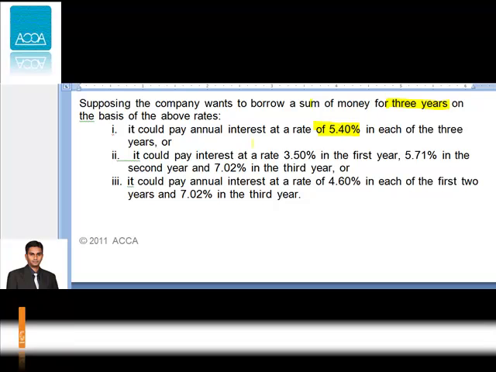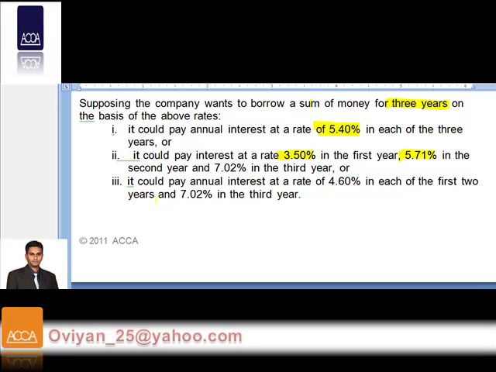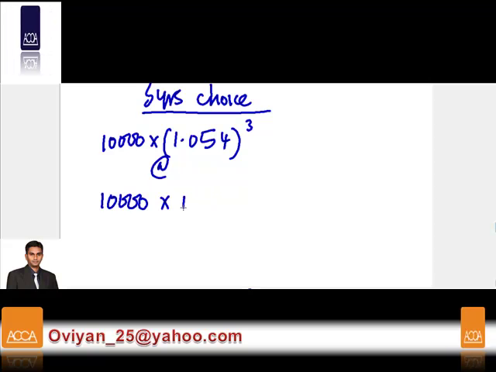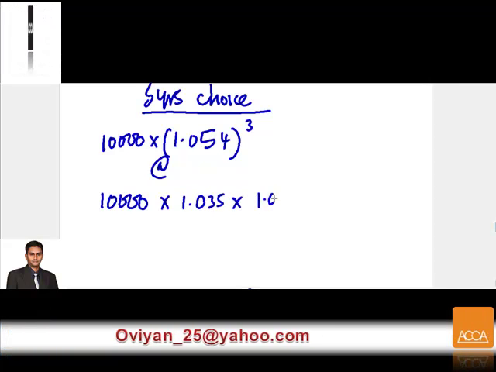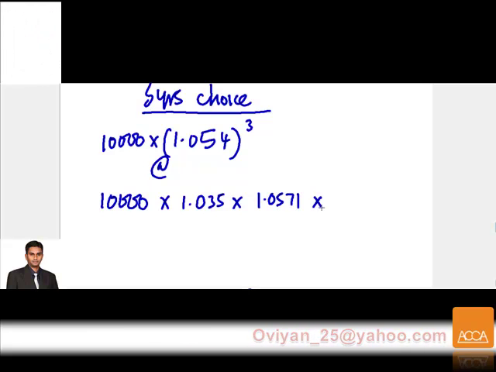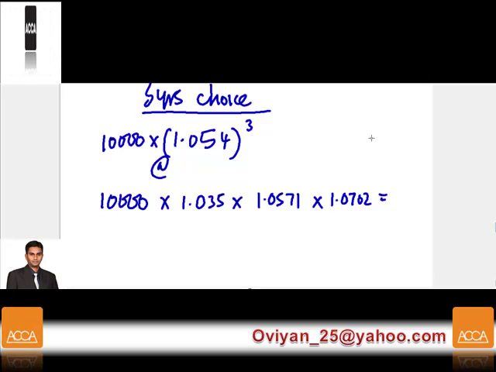You borrow for, first year you pay 3.5%. Next year you pay 5.71%. The third year you pay 7.02%. So you got a choice, 1.035 multiplied by 1.0571 multiplied by 1.0702. Your answer should be the same.